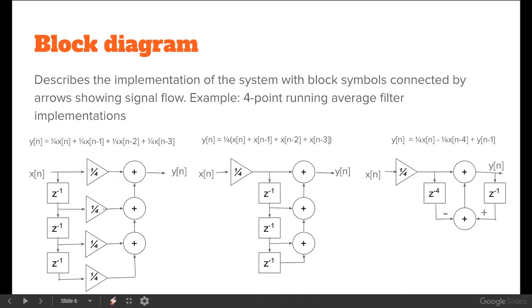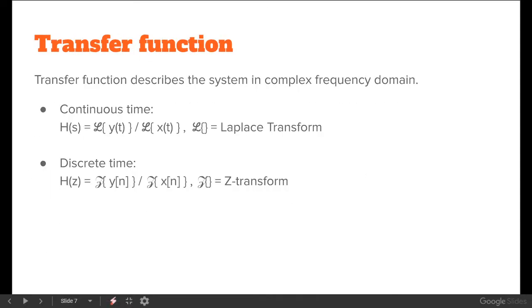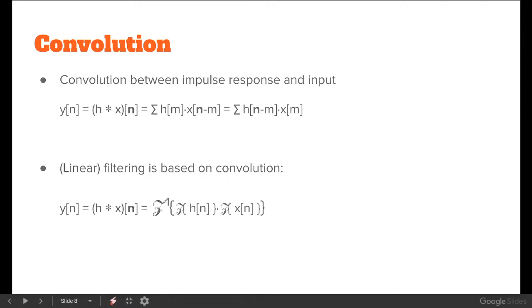Why we need the transfer function actually comes together quite well with the convolution. Remember the convolution. Convolution is the way to filter. So basically, we do a frequency space multiplication by convolution of the signals.